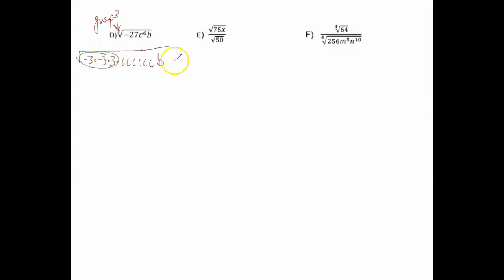Sorry, that should have a negative in front of it. So I had a negative 3 that can come out of the radical, a c, and another c. I don't have 3 b's, so the b is going to stay inside.